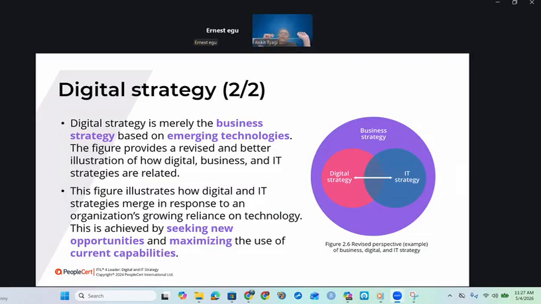Because again, like we said, digital strategy is there to ensure that by the use of digital technology, we support the business strategy. One thing. Second, the digital strategy needs to be implemented based on technology. That would be related to IT strategy, right? So they both need to be intertwined, integrated together in terms of achieving the overall business strategy.